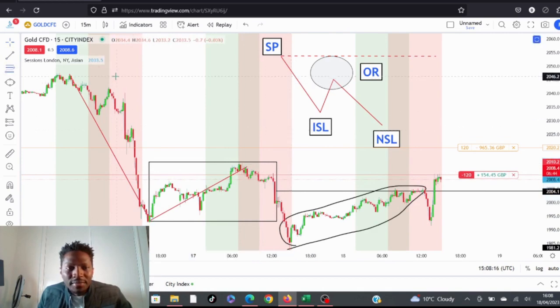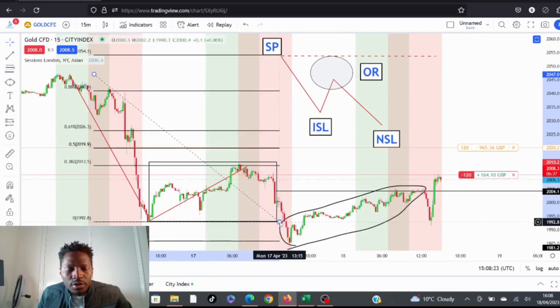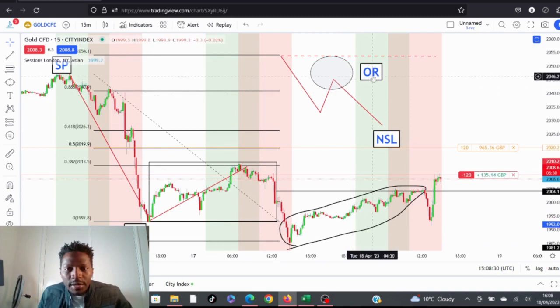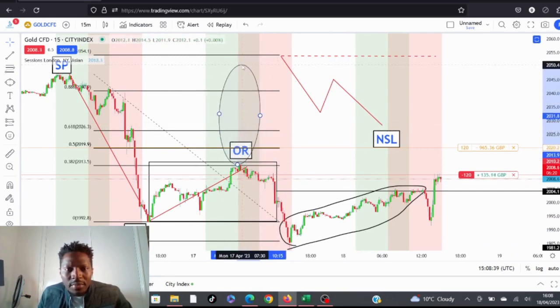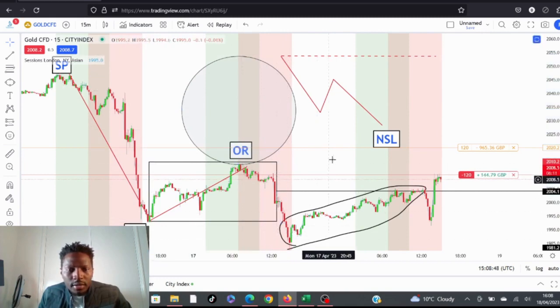Bring in our Fibonacci, from the starting point to the initial structure low. This is the outside return. You can see we've touched the 382 Fibonacci retracement. This is where the outside return needs to be. Anywhere here is absolutely fine. Let's make that a little bit wider. Get rid of the Fibonacci retracement.